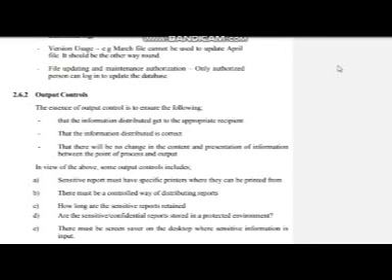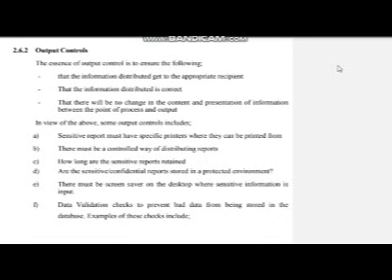In view of the above, some output controls include: sensitive reports must have specific printers from which they can be printed. There must be a controlled way of distributing reports. How long are the sensitive reports retained? You can write D, E and F also.